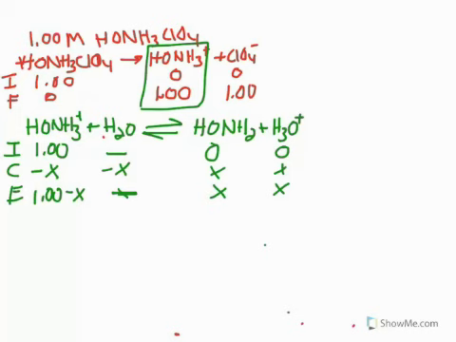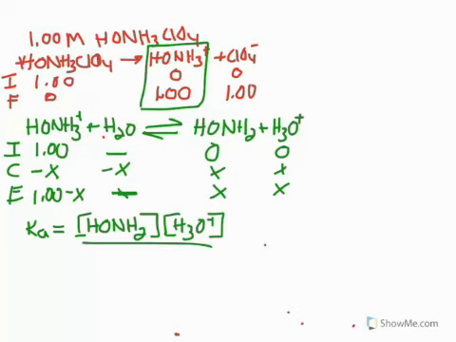So Ka is equal to the concentration of HONH2 times the concentration of H3O plus divided by the concentration of HONH3 plus.